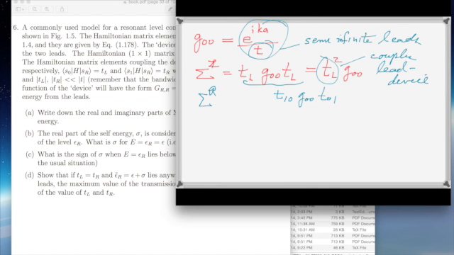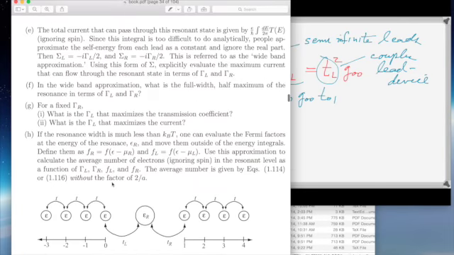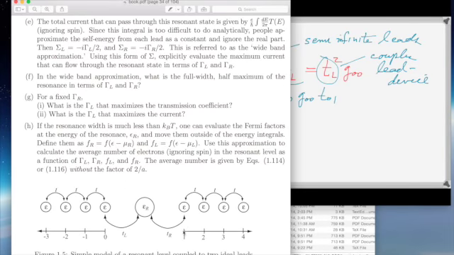And you're going to have another one. So this is due to coupling to the left lead. And this, due to coupling to the right lead, is going to be your TR, G, I'm just calling this node 1, so G11, that's the surface green function of the right lead, TR.